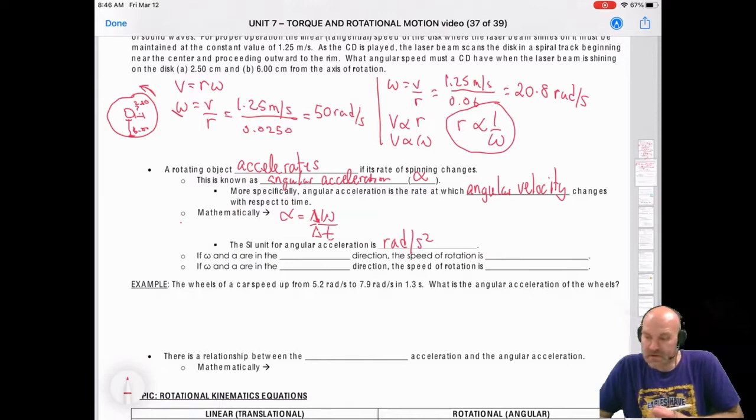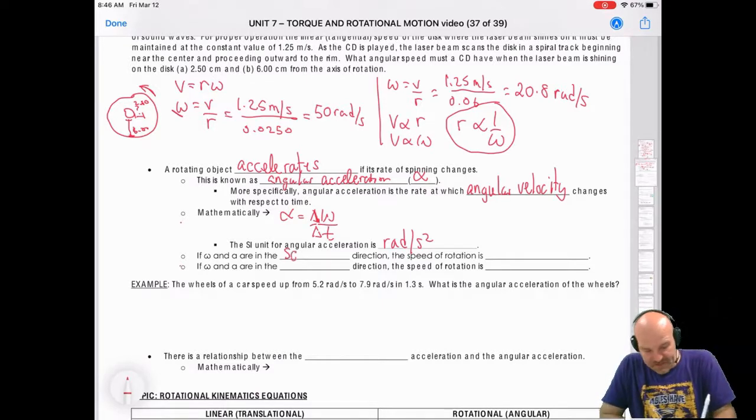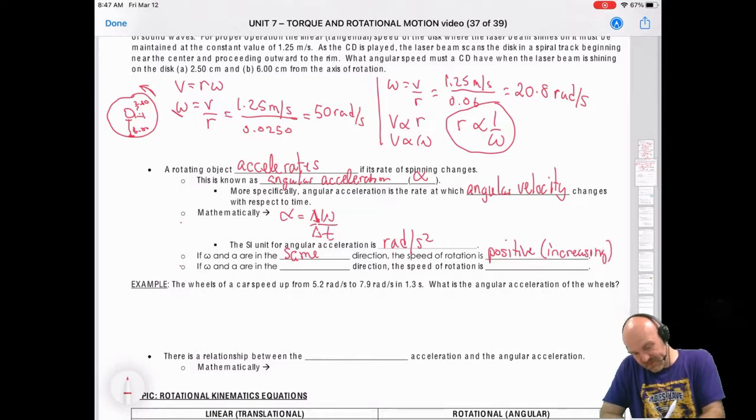Just like what we did with linear, you see there are a lot of similarities between linear and rotation. If omega and alpha, this is an alpha, not an A, are in the same direction, the speed of rotation is increasing.